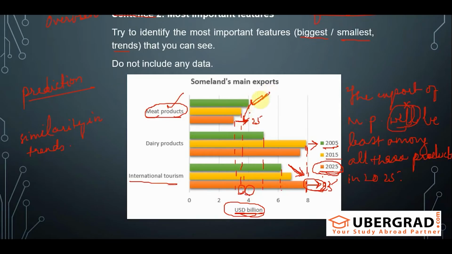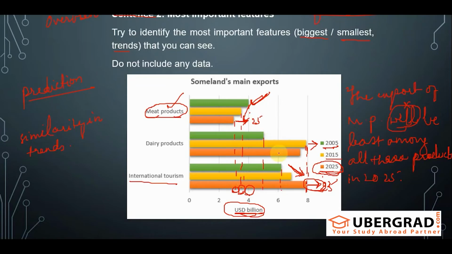It can be seen that the meat consumption was highest in the year 2005 and decreased in the year 2015, and predictions are that it will become the least among all by the year 2025, contributing around $3 billion to the economy.